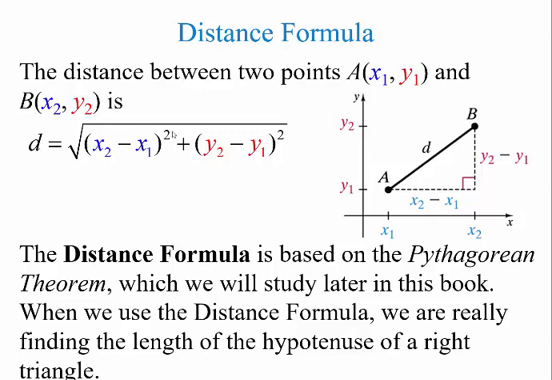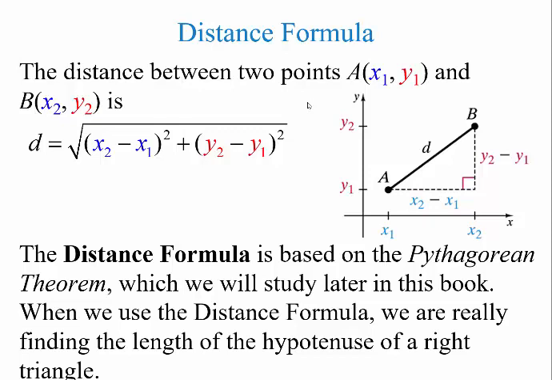So x2 minus x1, then I'm going to square it. Then I'm going to do the same thing with the y values. I'm always going to do y2 minus y1 and then square it. So I'm going to take the differences of x and y squared, sum them, and when I get that sum, I'm going to take the square root of it.